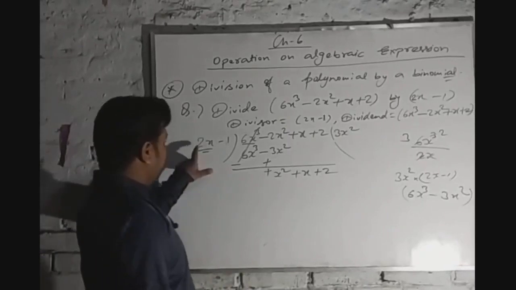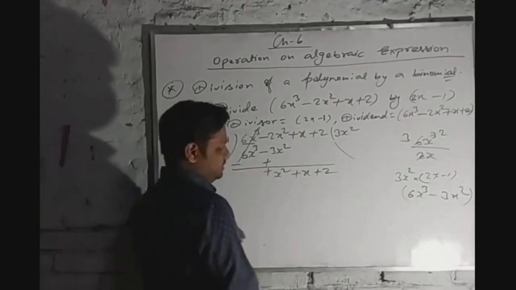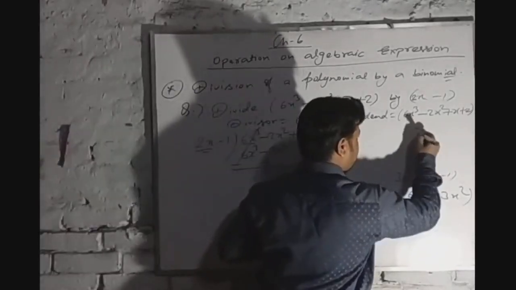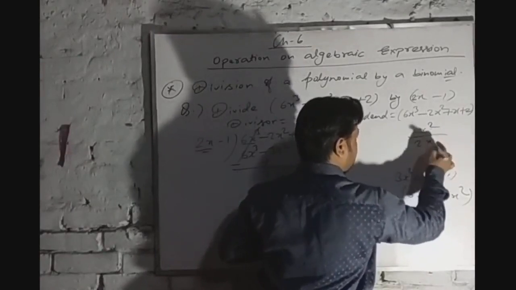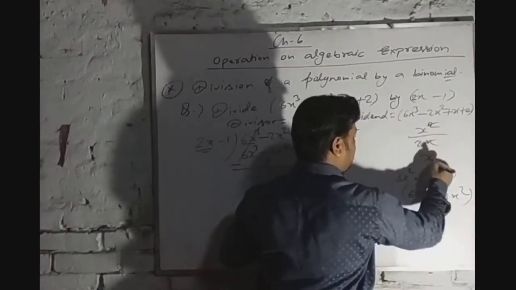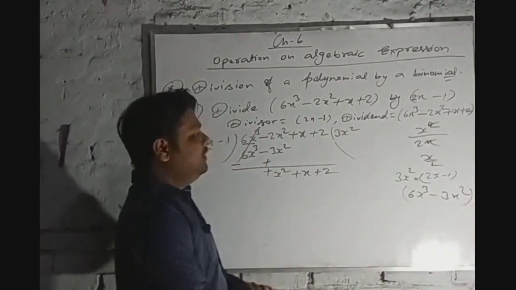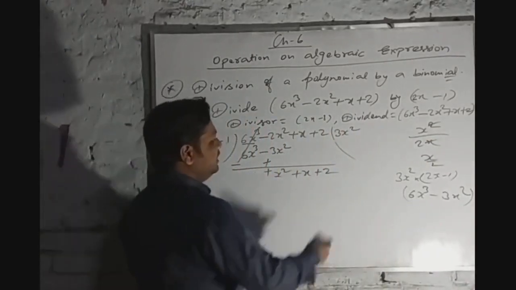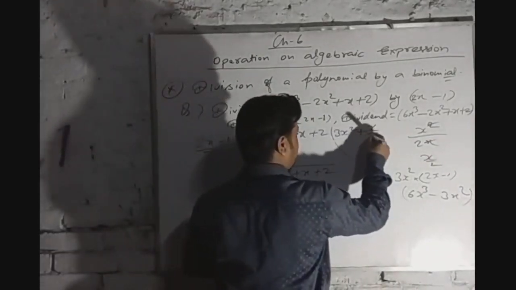Now see again, x square and 2x: x square by 2x gives x by 2, so the next term is plus x by 2.